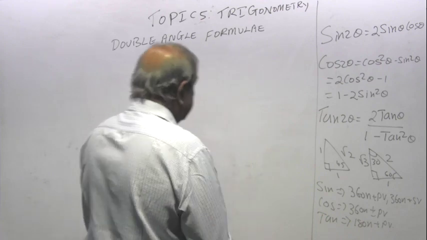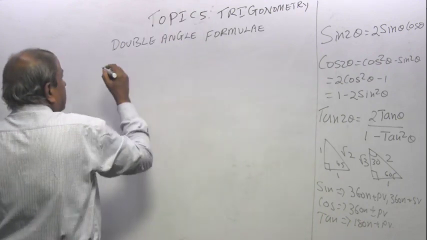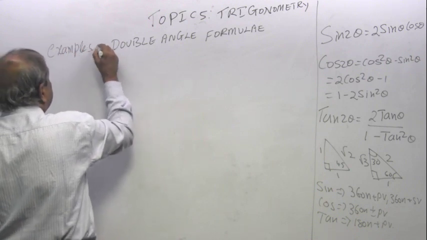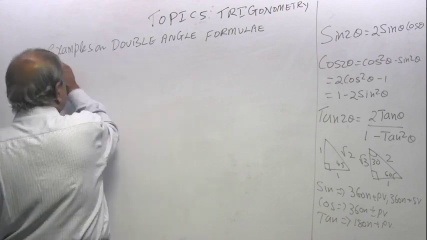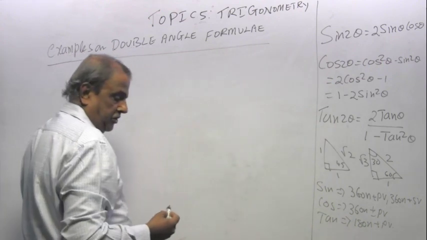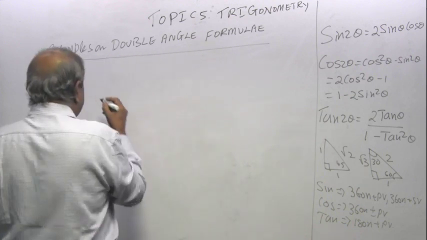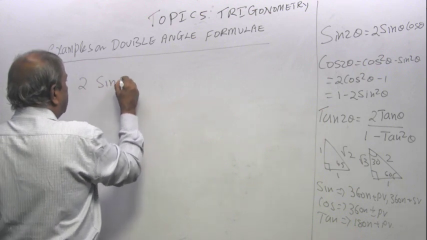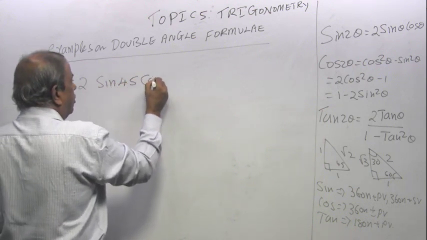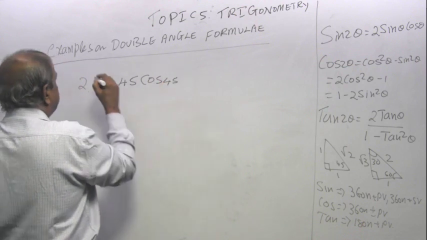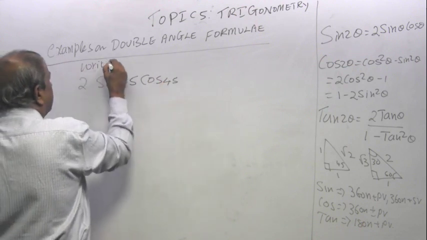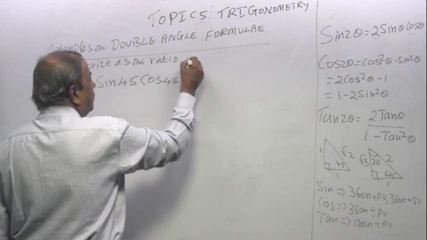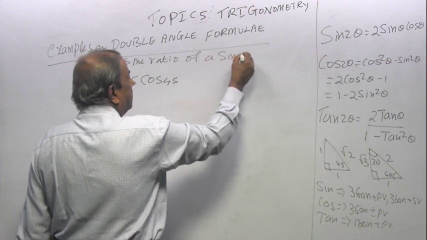For example, you are given 2 sine 45 cos 45. Write as the ratio of a single angle.